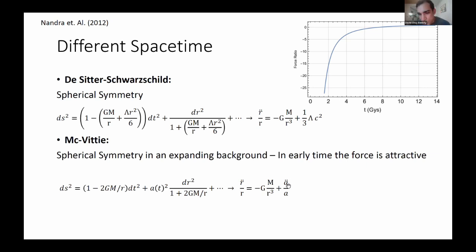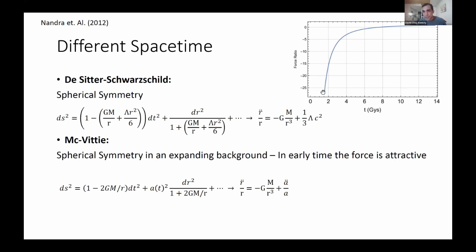Now, why is this so important? Because as you can see in this plot, this is the ratio between A double dot over A and this lambda force. The lambda force is constant for the whole history. It is just a repulsion force. However, A double dot over A, when you have a matter-dominated universe, is attractive.